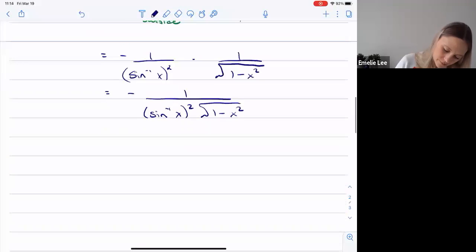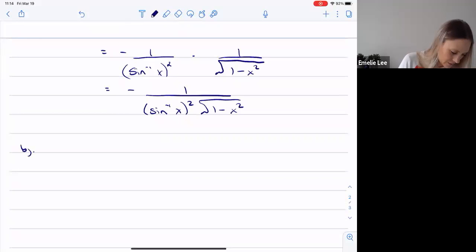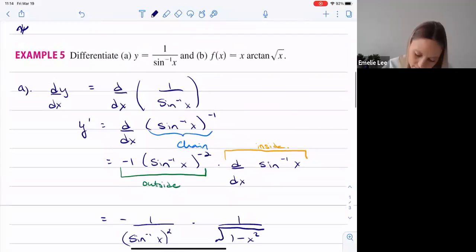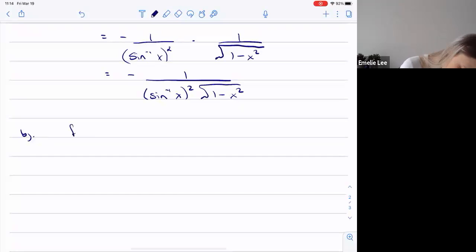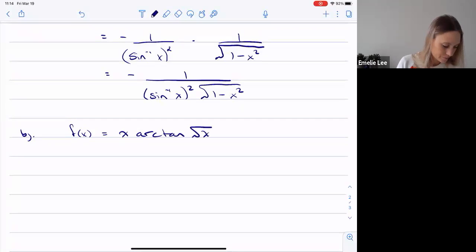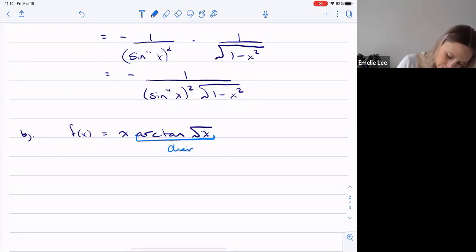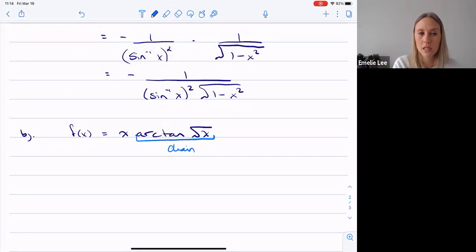Okay. How about B? So f of x is x times the arctan of root x. First, let's recognize that the arctan of root x is going to be a chain rule, because I've got a function inside a function, root x inside arctan.